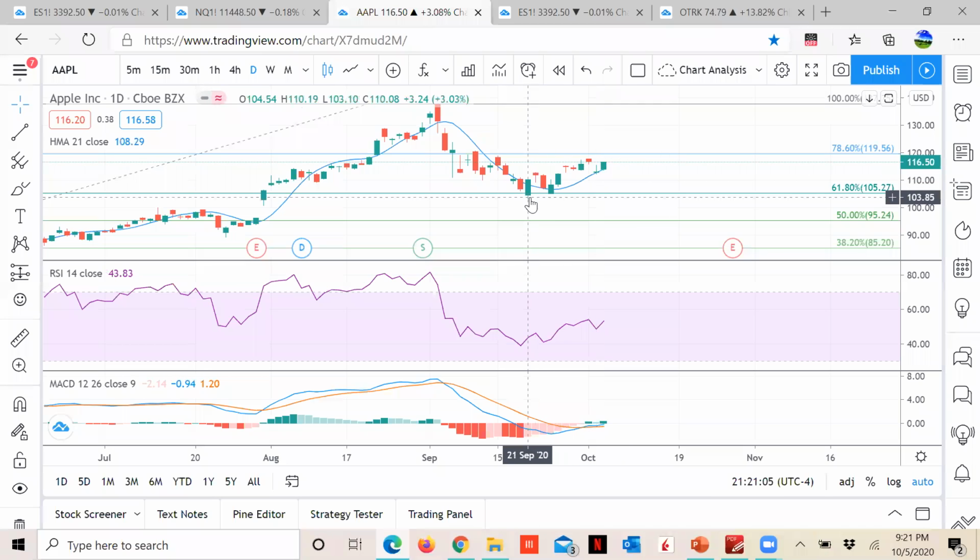So the person buys here, sells there. It's a good difference of like $15. So that's what the support and resistance levels are in simpler terms. Basically, that's just a recap of what we did last time.